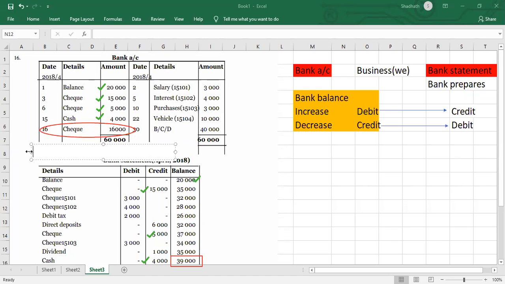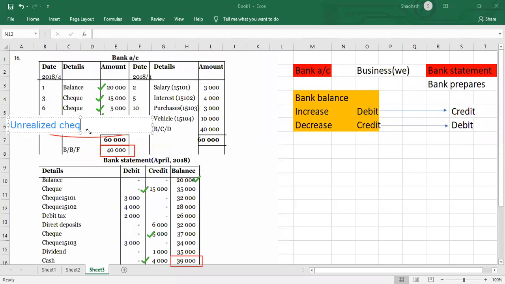What do you call it? Unrealized check. I write it in short format. Where can I write it? I'll just keep it here. Unrealized check.